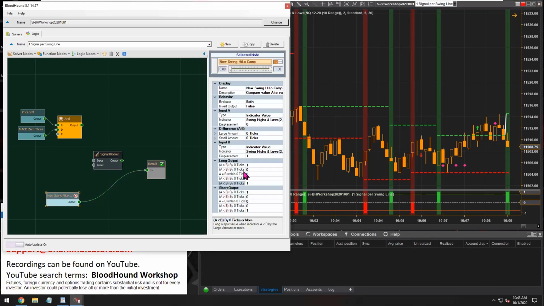And all I needed to do is just modify my output to look for A greater than B plus A less than B. Okay, so basically those are our reset signals, identifying when a new swing high or a new swing low develops. And so I can take that and feed that into the reset of the signal blocker.